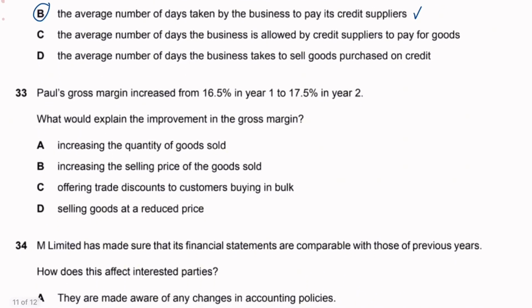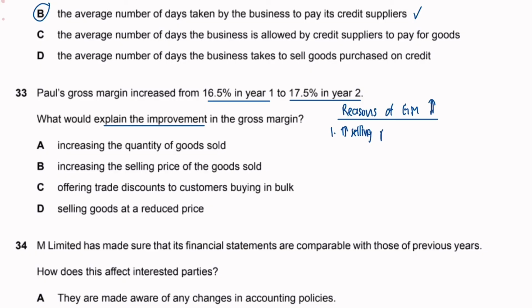Okay, question 33. Paul's gross margin increased from 16.5% in year 1 to 17.5% in year 2. What would explain the improvement in the gross margin? Before answering, there are a few reasons why a gross margin will increase. First one is an increase in selling price. Second one is a reduction in cost of purchase.